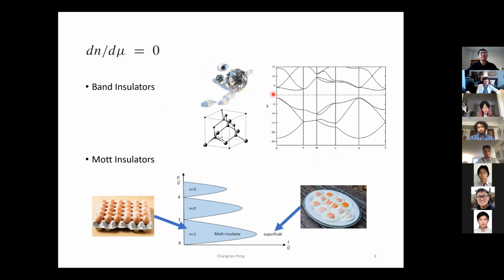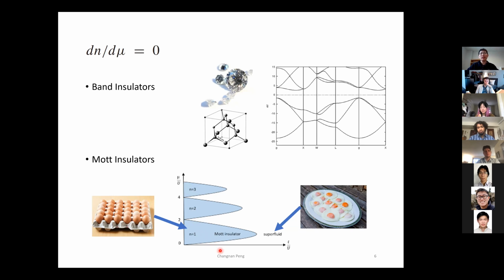And a second example is Mott insulators, where although there are mobile electrons in it, for some reason, like interactions or on-site potentials, the average number of particles doesn't change with chemical potential.